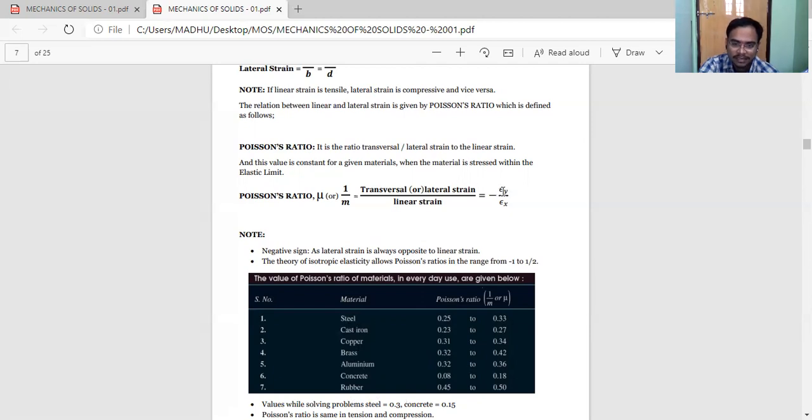The change in lateral dimensions and lateral strain is high compared with the longitudinal strain. So that's why this fraction is more, 0.50. Whereas for steel, linear strain is more, but lateral strains are comparatively very less.